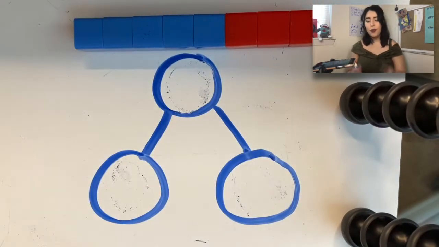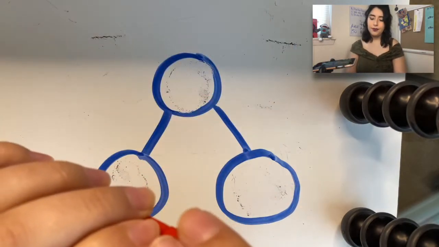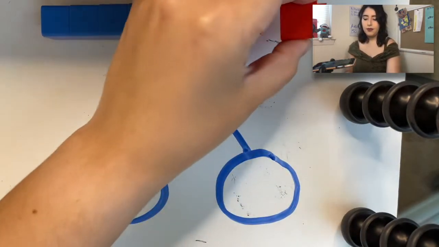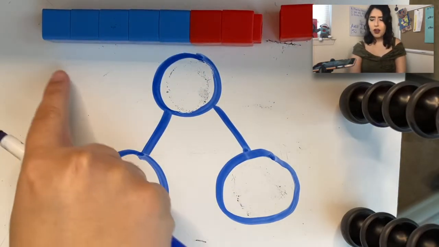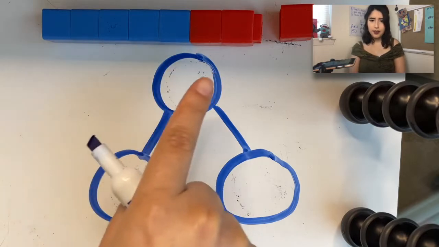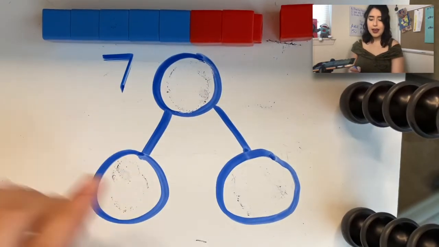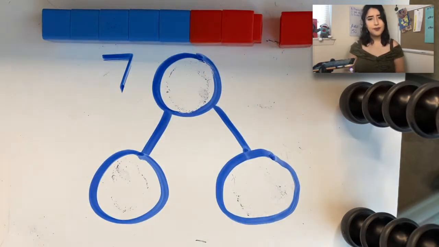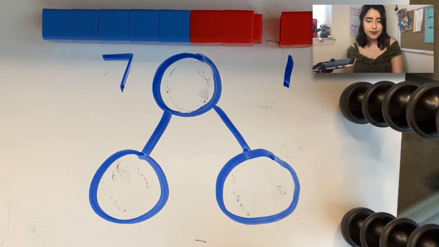All right, what if I broke it a different way? How many are on this side? And how many are on this side? 1.